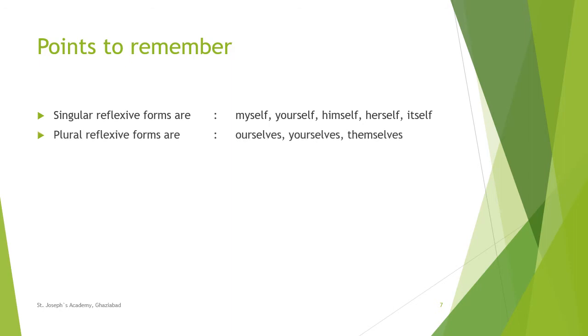Now we come to the plural reflexive forms. Plural reflexive forms are ourselves, yourselves, themselves. I repeat them once again. Ourselves, yourselves, themselves. So these are the singular reflexive forms and the plural reflexive forms.